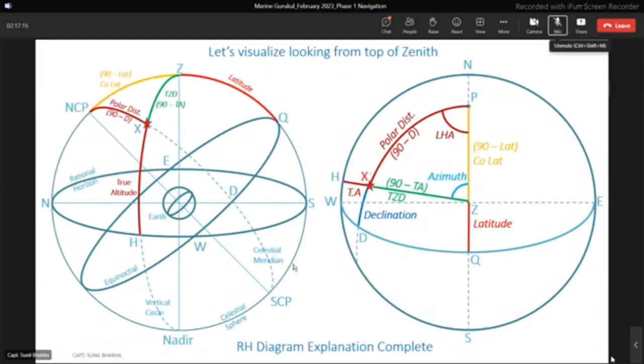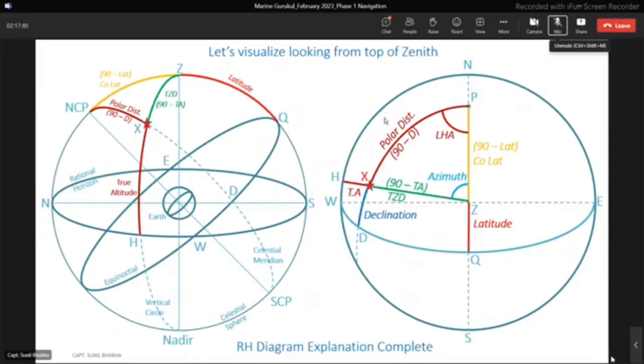Sir, by looking at this diagram, can we correlate the similarities between P and LHA, I mean direction? Absolutely, beta, exactly. This diagram is a magical diagram; you can correlate anything from it. You remember we calculated P when we were doing the LHA calculation. In the longitude by chronometer too, we found P. I told you P is equal to LHA if LHA is less than 180.